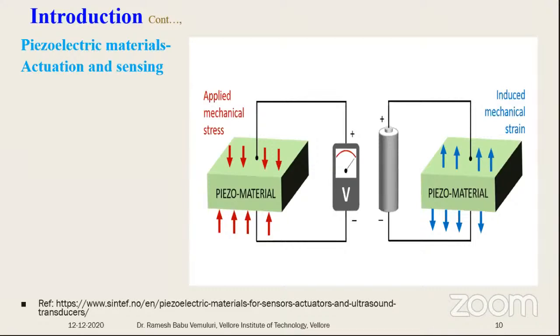The same thing, if you reversely apply or put a patch in the opposite direction and apply the forces in the opposite direction to its excitation, then obviously it will control its motion. That's why piezoelectric materials or piezoelectric patches can be used for vibration control.